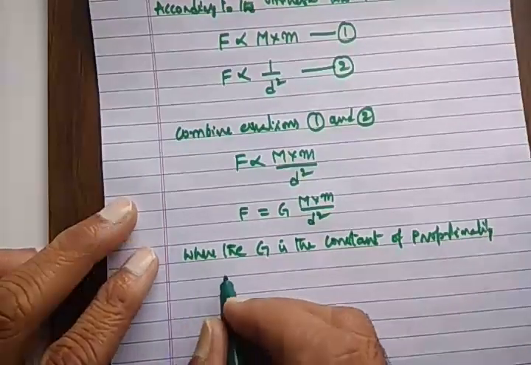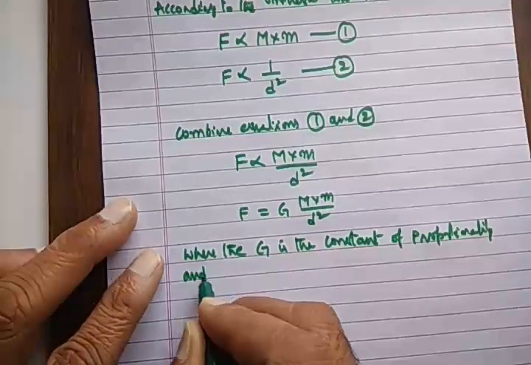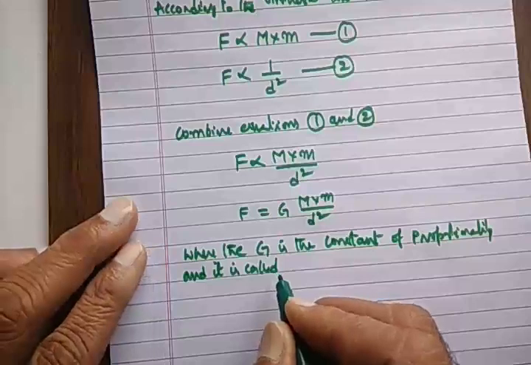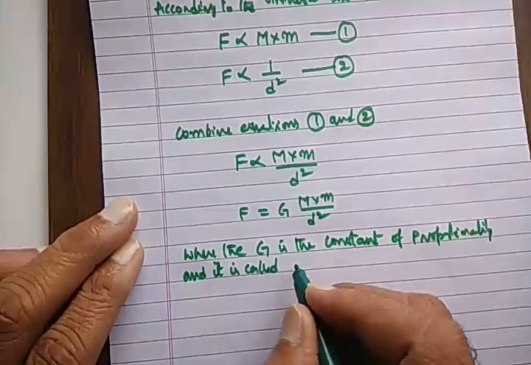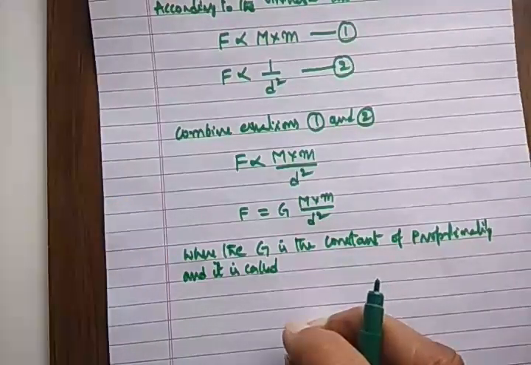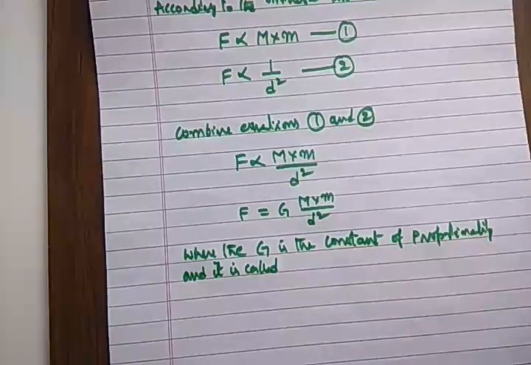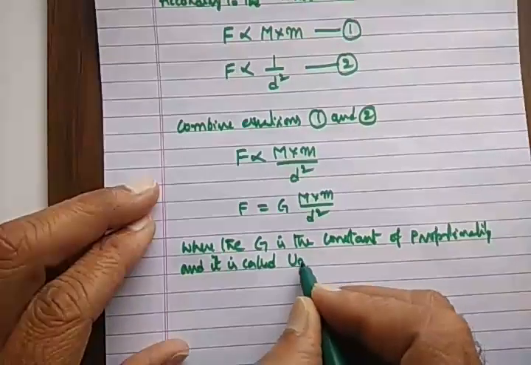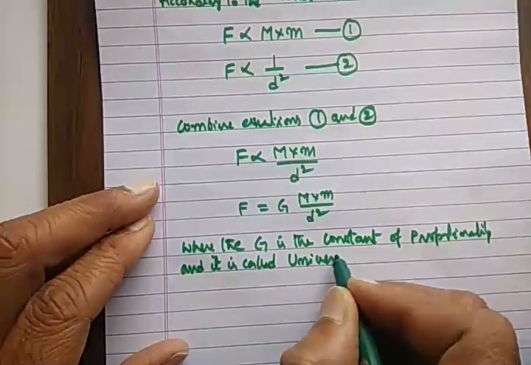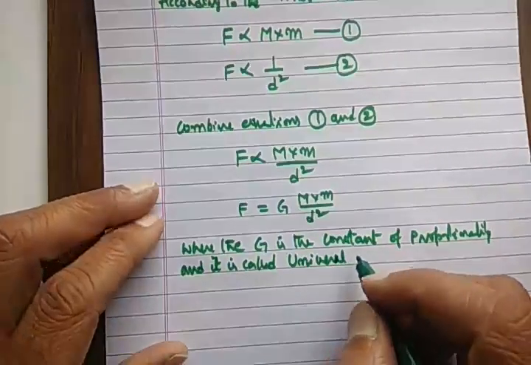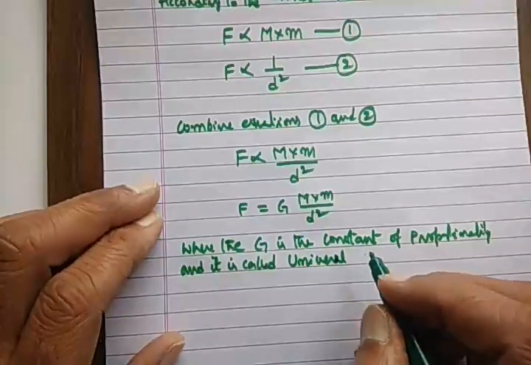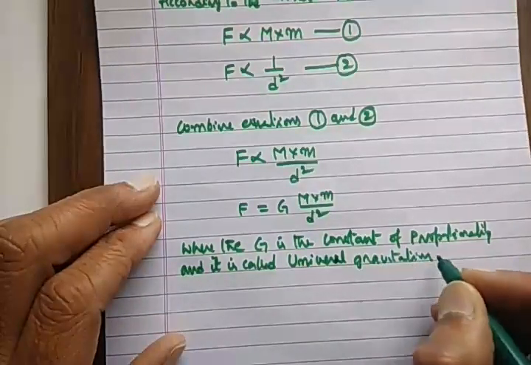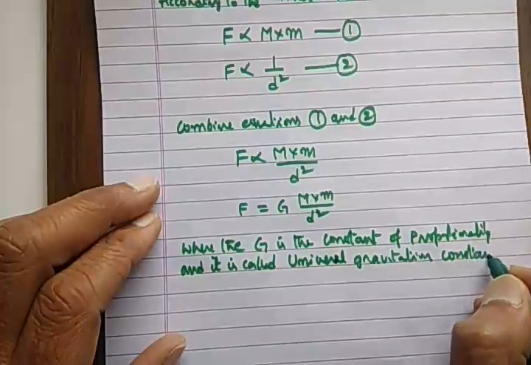And it is called the universal law of gravitation constant.